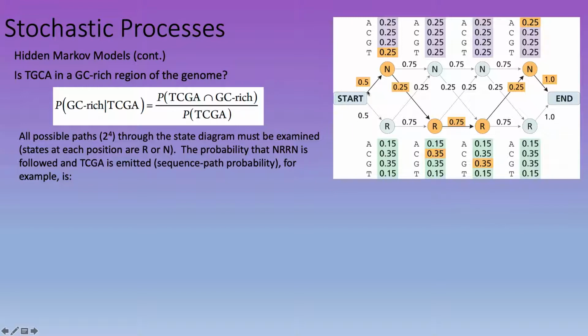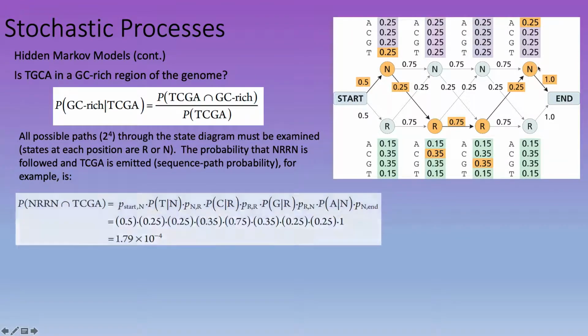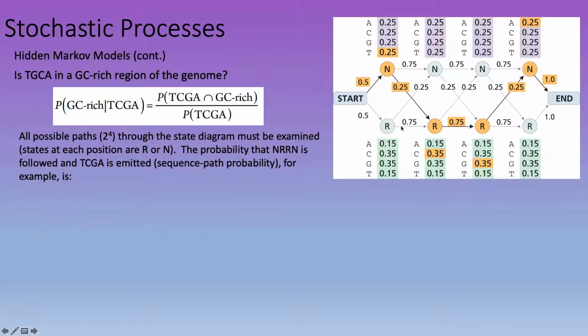So if we think about one of the possible paths that we could get through this diagram, we could go T, C, G, A. In this case, we would start, we could have T in a normal region, then a C in a GC-rich region, and a G in a GC-rich region, and then an A in a normal region.